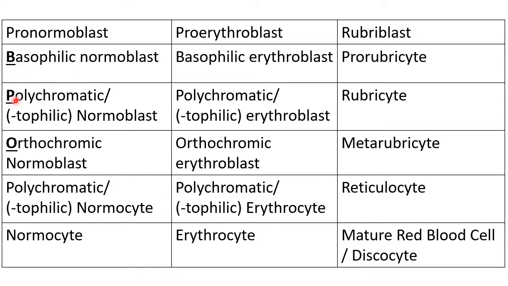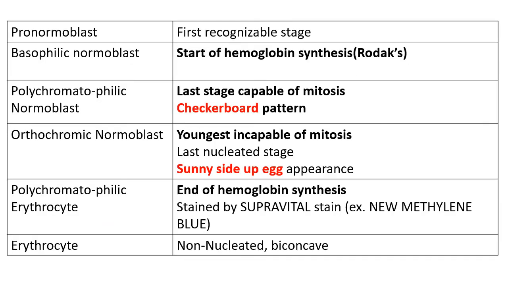Tandaan lang natin yung mnemonics na BPO. Mauuna si basophilic, bago ang polychromatophilic, and then orthochromic, normoblast, or erythroblast. Okay? Wag tayo magpapalito doon sa second to the last stage. Ang erythrocyte ang end name niya kasi malapit na siya dun sa next mature RBC.